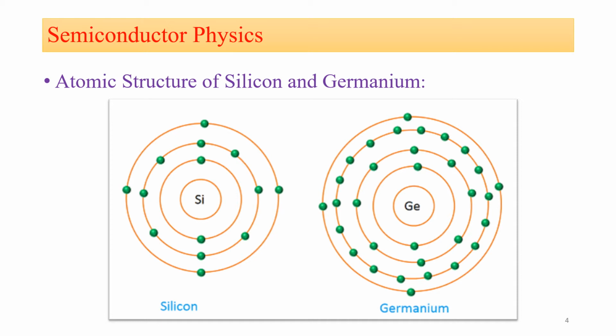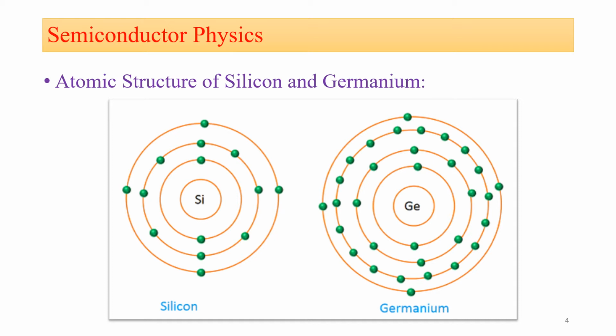Similarly, if you see the atomic structure of germanium, then there are a total of 32 protons and 32 neutrons in the nucleus of the germanium. So a total of 32 electrons revolve around the nucleus. Now if you see the first orbit, in the first orbit there are a total of 2 electrons.